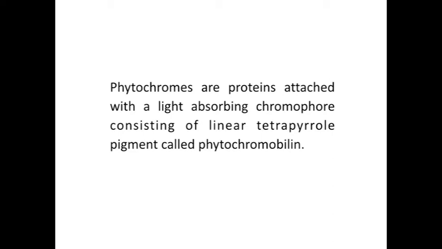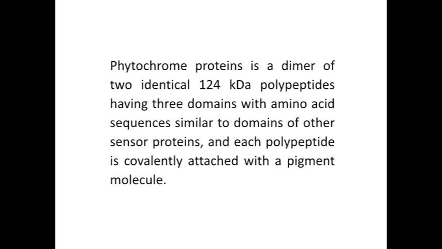Phytochromes are proteins attached with a light-absorbing chromophore consisting of a linear tetrapyrrole pigment called phytochromobilin. Phytochrome protein is a dimer of two identical 124 kilodalton polypeptides having three domains with amino acid sequences similar to domains of other sensor proteins, and each polypeptide is covalently attached with a pigment molecule.